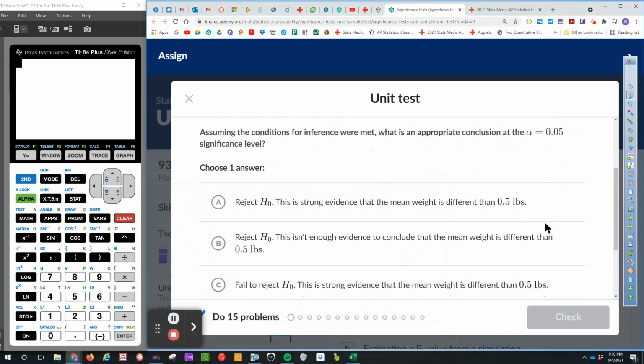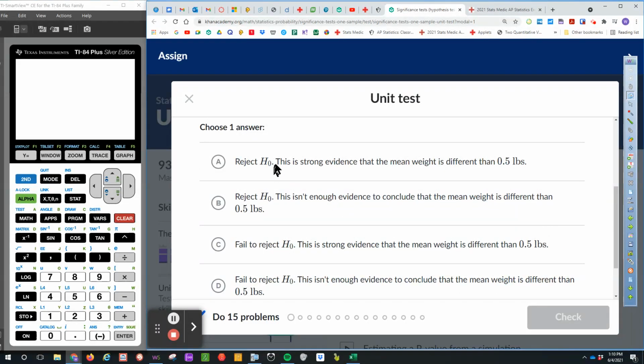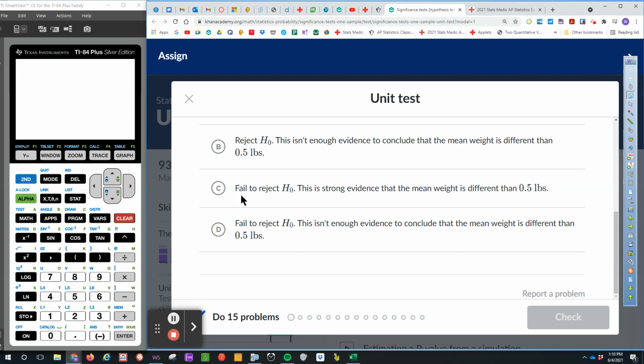So with that in mind, let's look at our options. We are rejecting H naught, which is not true, so let's look at C and D. We failed to reject H naught. This is strong evidence that the mean weight is different than 0.5 pounds? That is your alternate hypothesis, so that's not true.